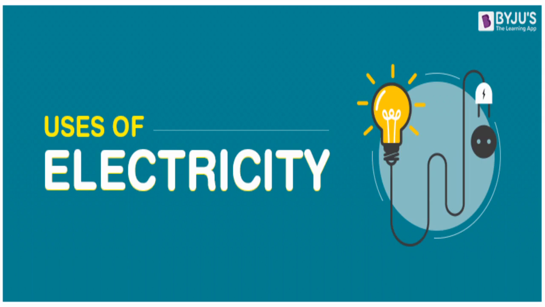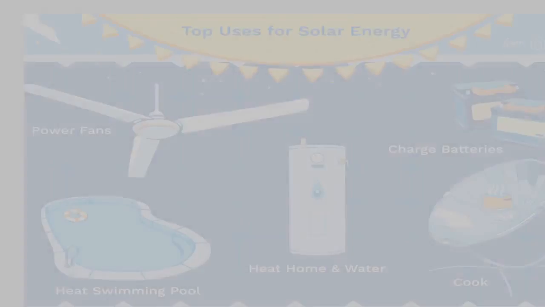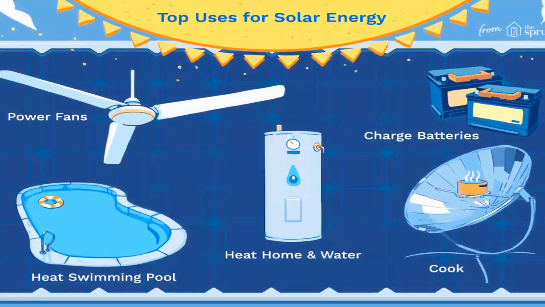Even aeroplanes need electricity and electronic instruments to work, and satellites and space aircraft need electricity to work in space. So electricity is really very important for the development of any country, and we have discussed all these uses of electricity in great detail.